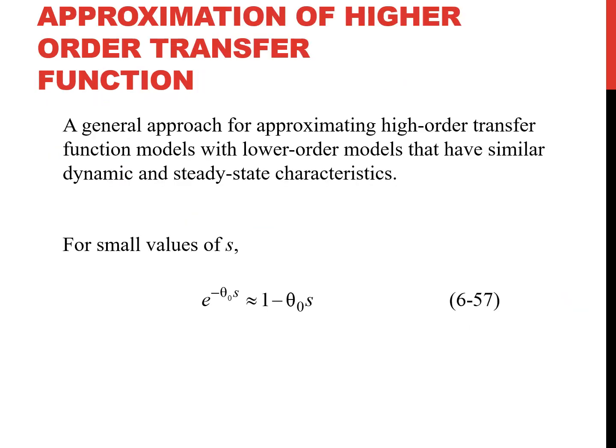So another way to do the approximation of higher order transfer function is by using what we call the Taylor series approximation. This is much simpler compared to the Pade approximation.